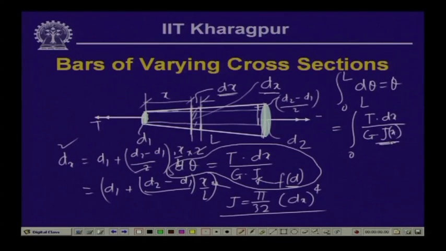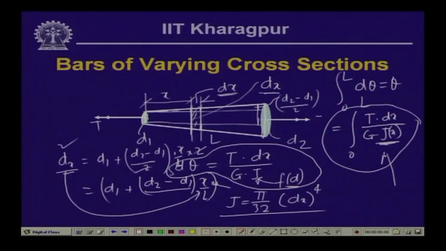J we have computed in terms of d, and d is a function of x, so J also is a function of x. If we evaluate this integral, we can get the value of theta. So, for a bar of varying diameter, we can compute the stress for the least diameter, and we can compute the angle of rotation theta from this particular expression.